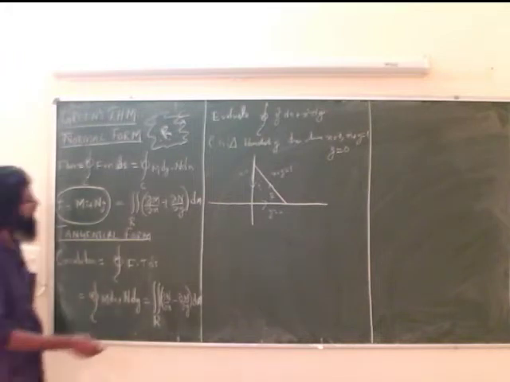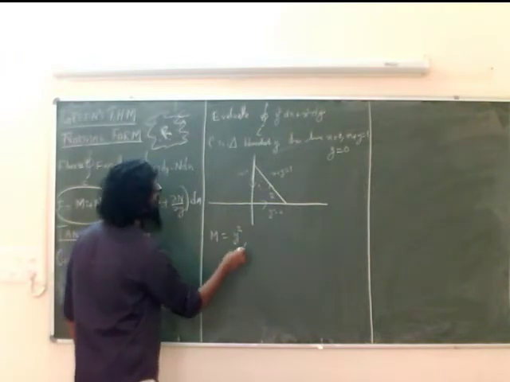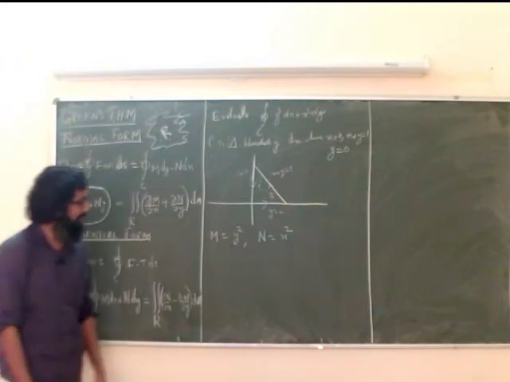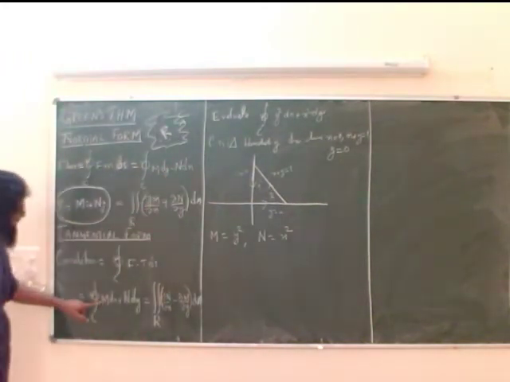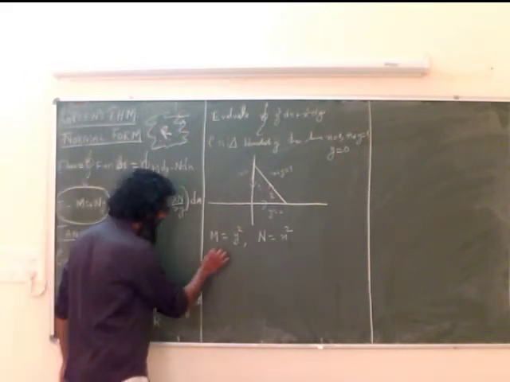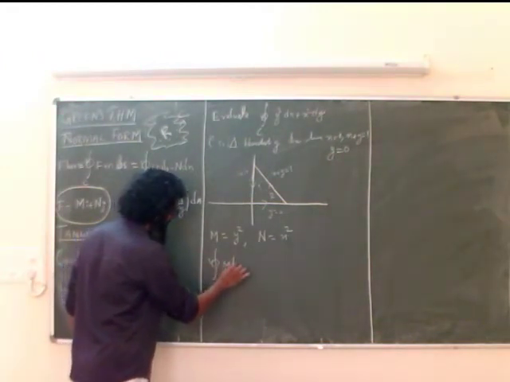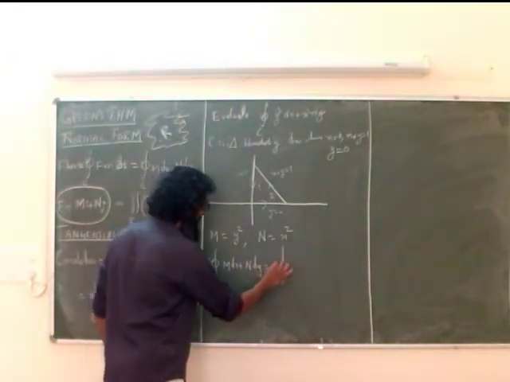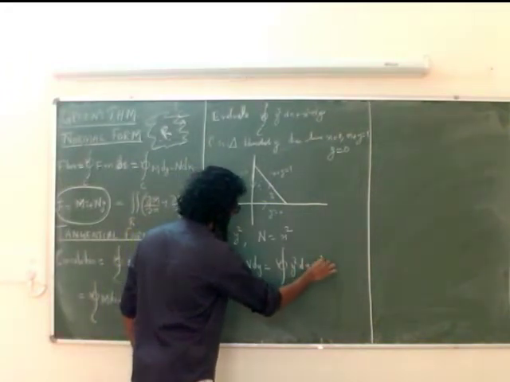Let me use the tangential form first. If I take m equal to y square and n equal to x square, then my integral over C of m dx plus n dy is actually the integral over C of y square dx plus x square dy.